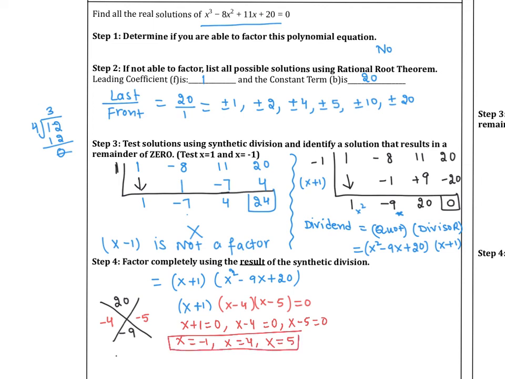We can graph this, although it's not asking us to graph. If you want to graph it, you have to decide what is the shape of the graph. So this is a third degree equation. So the shape of the graph is going to be an S shape, cutting at -1, 4, and 5.